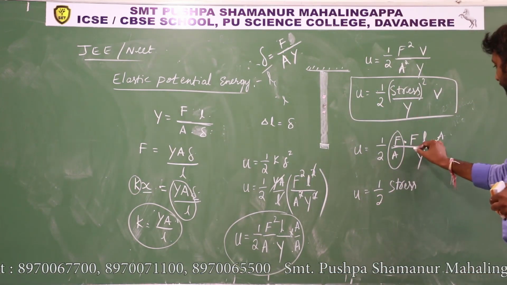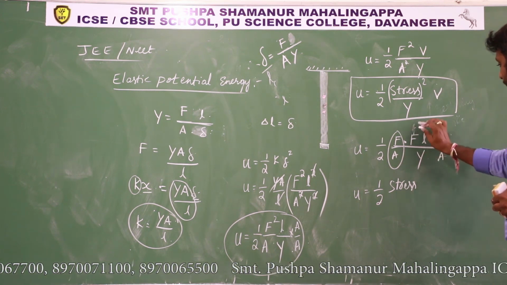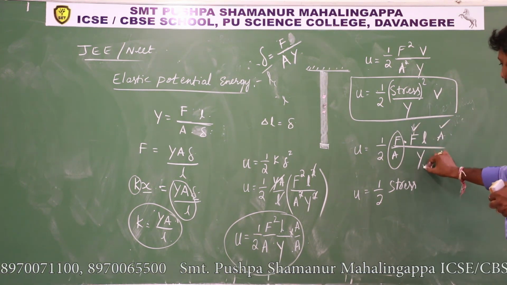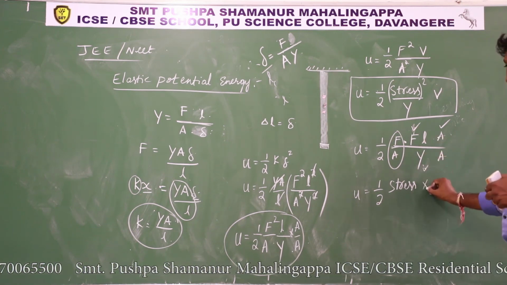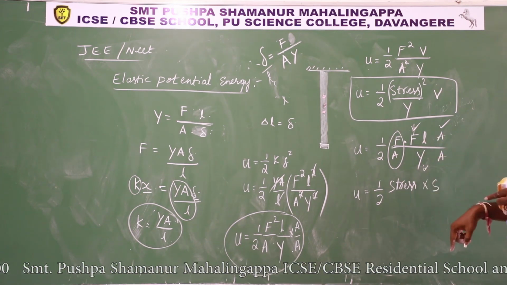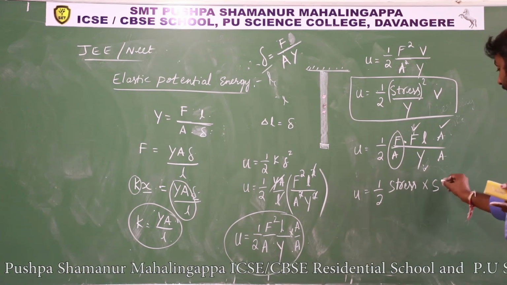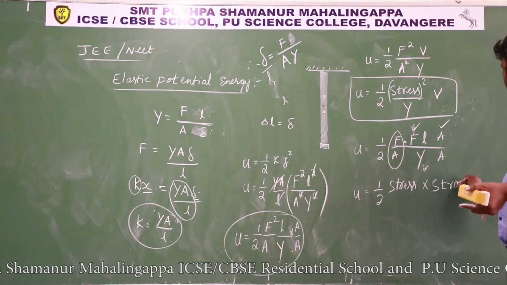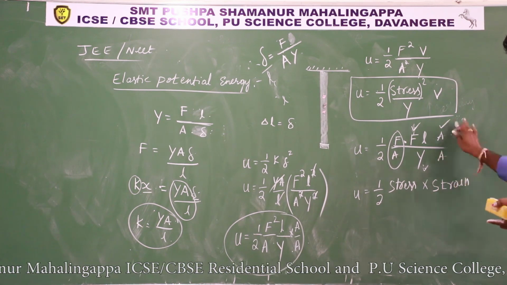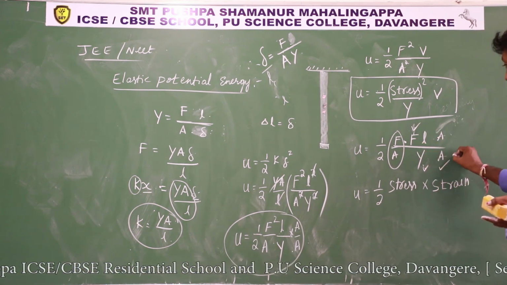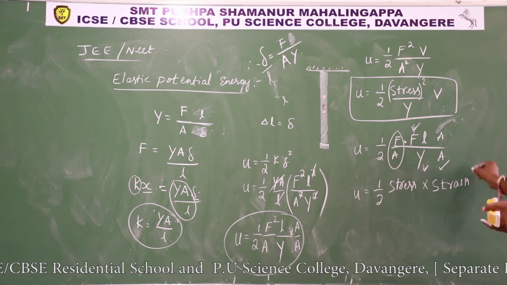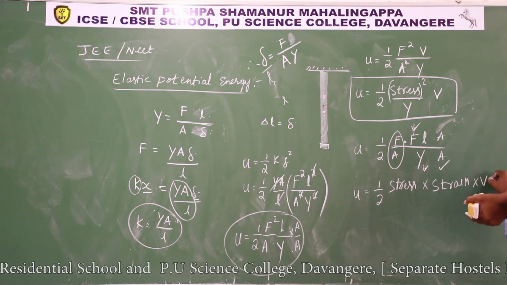In this formula you can see F A by Y, I can write it as change in length by original length. Change in length by original length is nothing but strain, isn't it? F Y and A, then L into A I can write as volume.